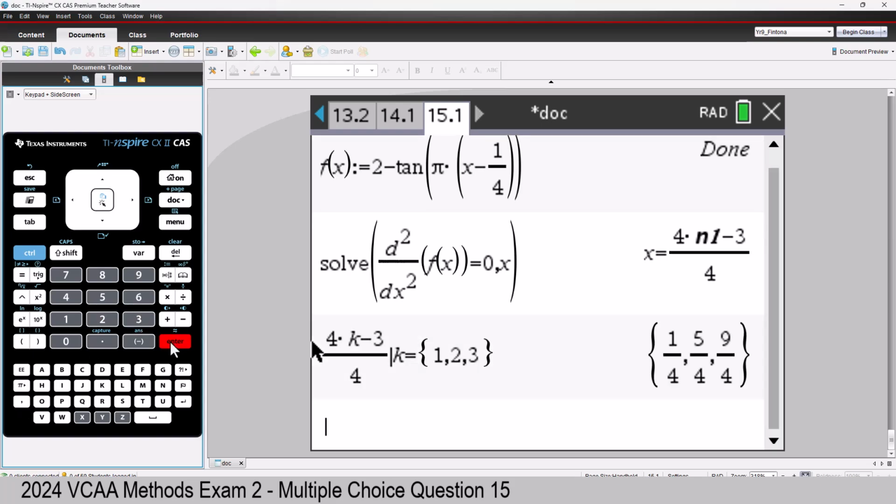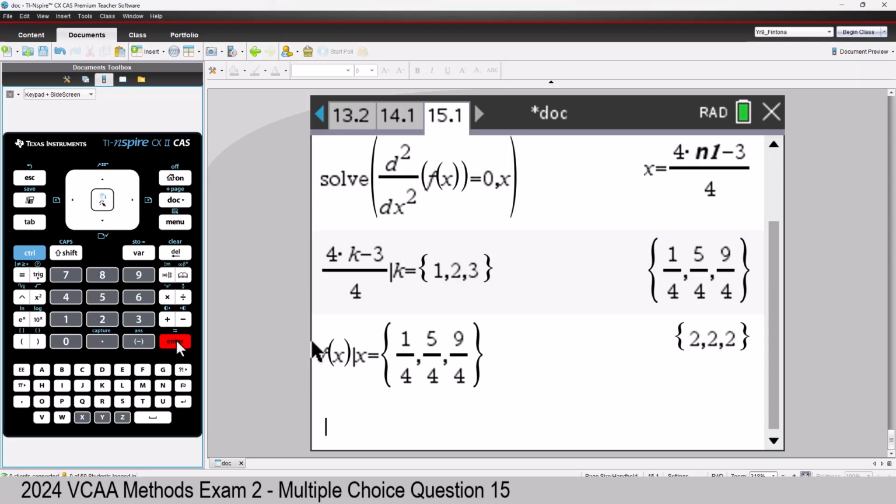We get 1/4, 5/4, 9/4, which aligns to options A and C. Now, if we substitute these values into the function, we get a y value of +2, so the answer must be A.